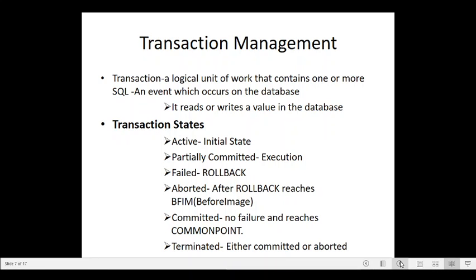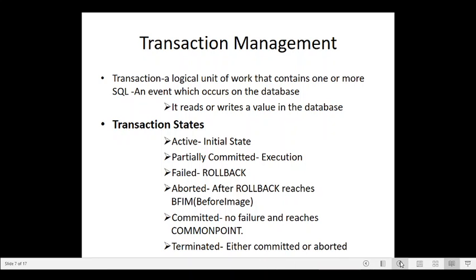So if at any point of time the transaction is not executed properly, it moves to the state of failed. After the state of failed, we may not need the temporary values. So we will have to abort. That is, we will have to cancel that and move towards the end of the transaction.